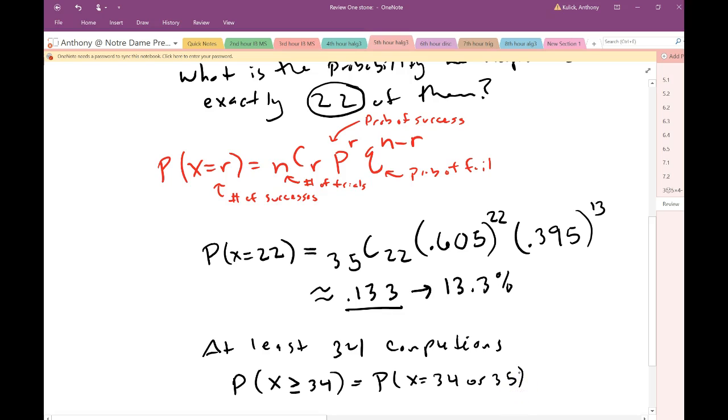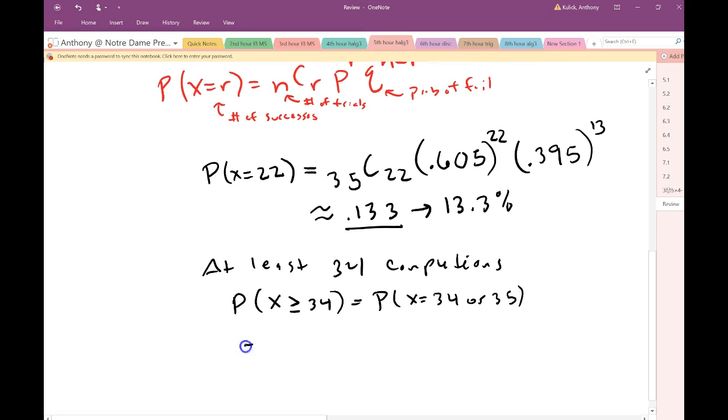Why can't I have more than 35? There's only 35 attempts, right? Okay? So that's the same thing as P of x equals 34 plus P of x equals 35. Okay with that?